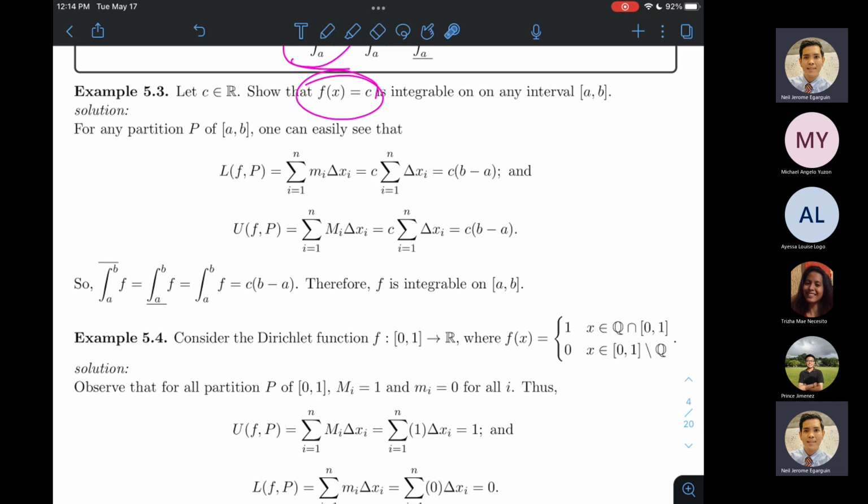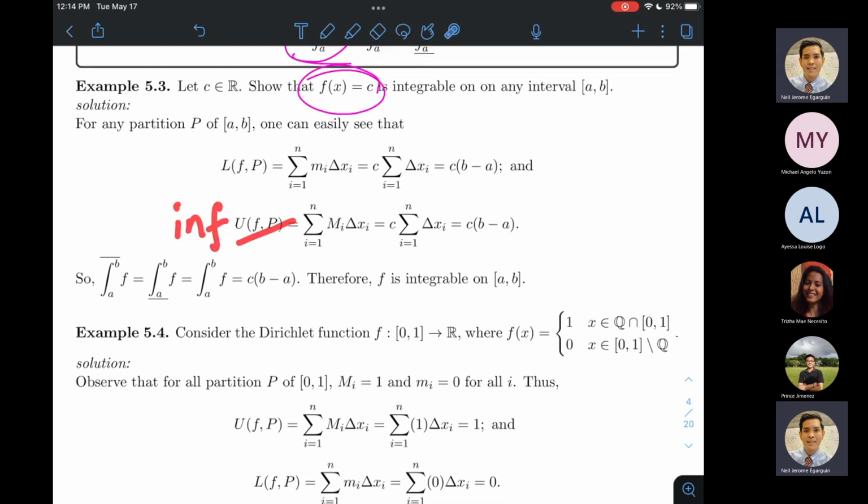Tapos para makuha yung upper integral, all right? So yung upper integral ay infimum ng mga upper Riemann sums, the greatest lower bound among the upper sums. But all the upper sums are equal to c times b minus a, so the greatest lower bound for them is c times b minus a. So we can say that this guy is also our upper Riemann integral.